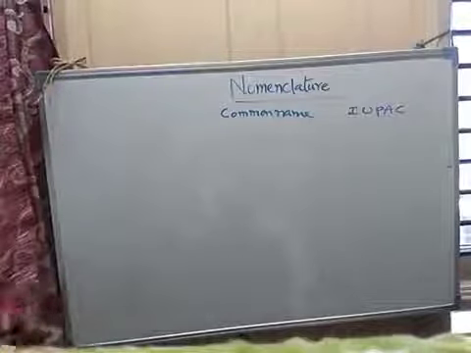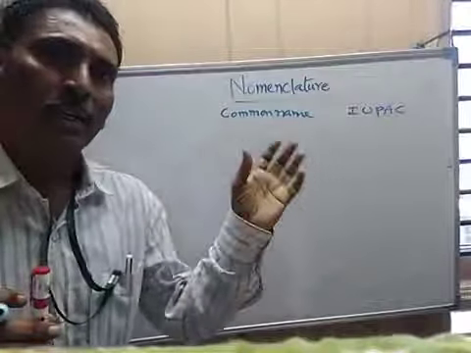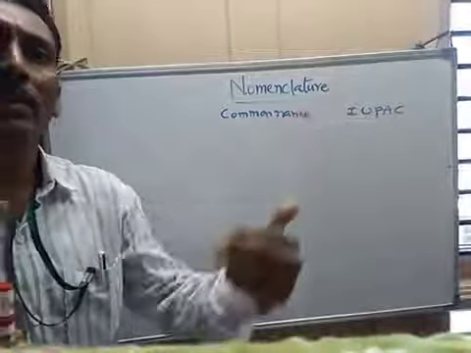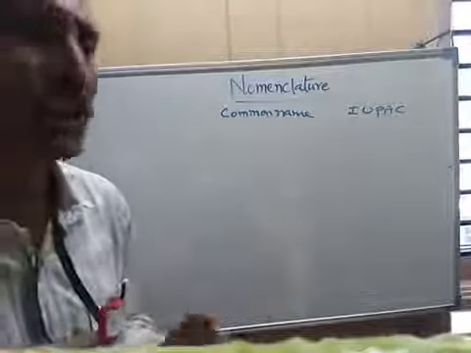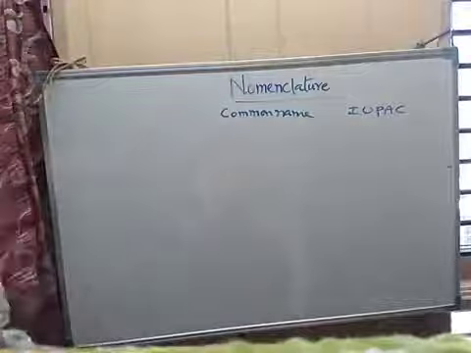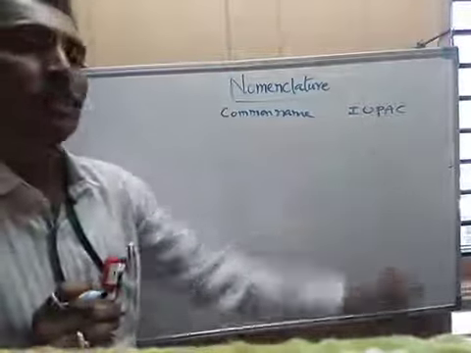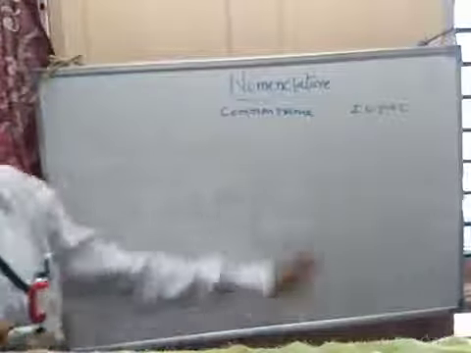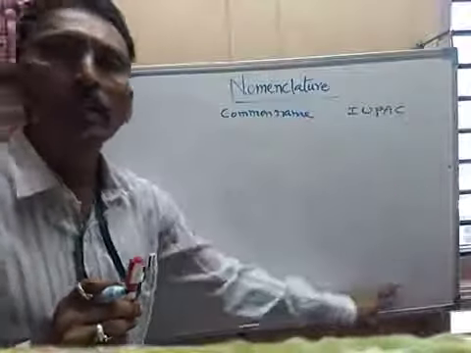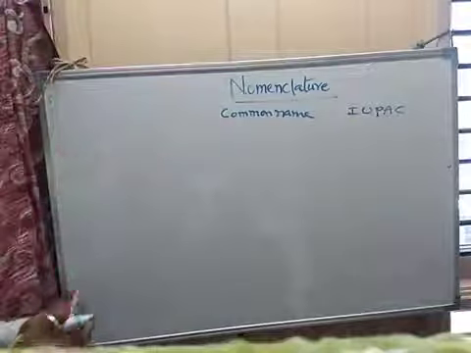Yes, IUPAC name for what purpose? Whatever the area, if the student is moving, the name of the compound does not change; a uniform name is present throughout the world. That is the main aim of the International Union of Pure and Applied Chemistry, and this type of nomenclature is IUPAC nomenclature.